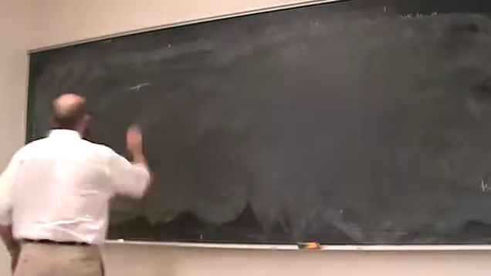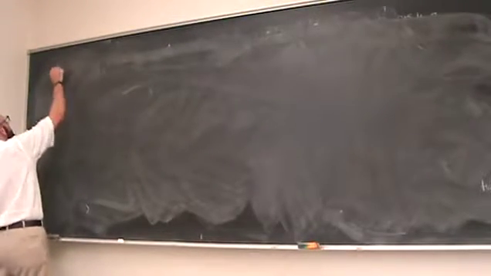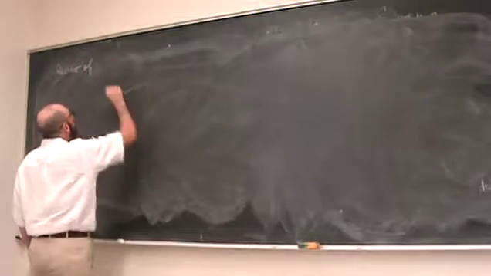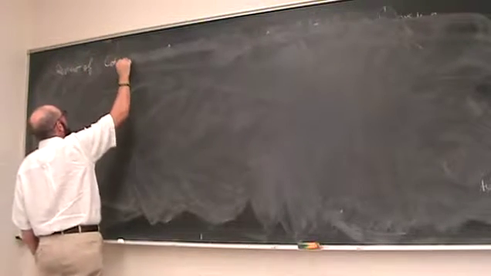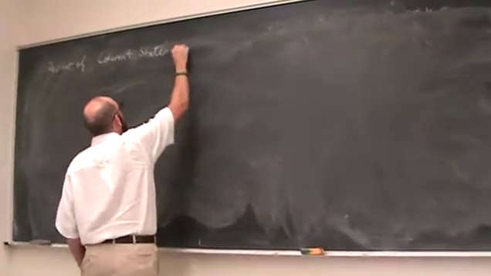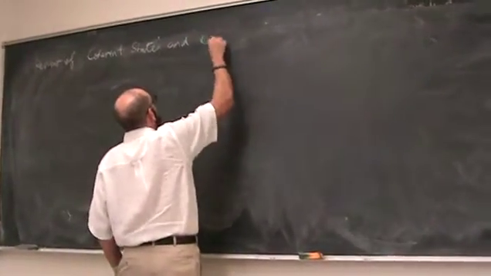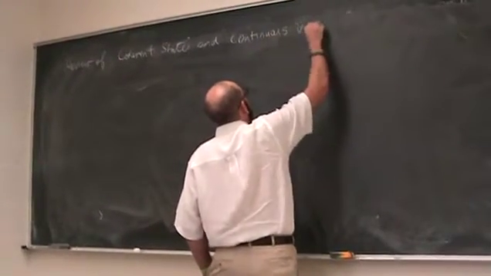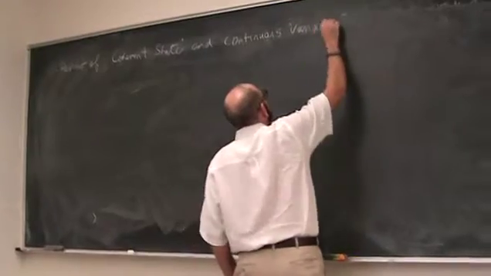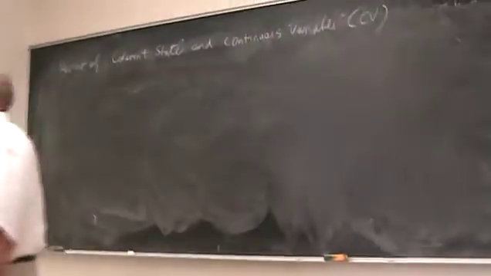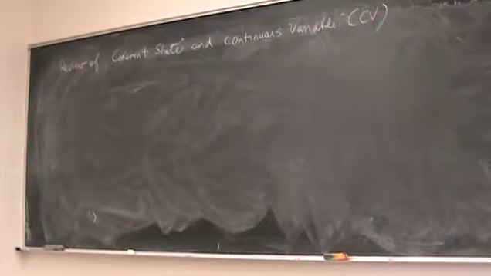So let's just do a quick review of coherent states and continuous variables, which in modern quantum optics are called CV, because they use a continuous variable.